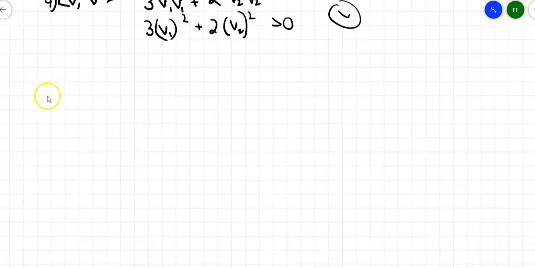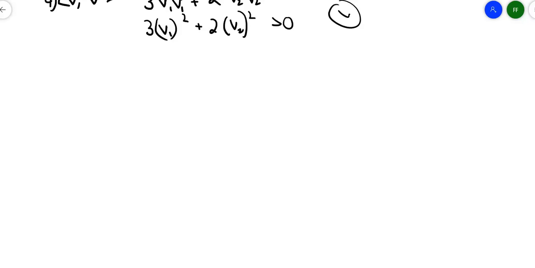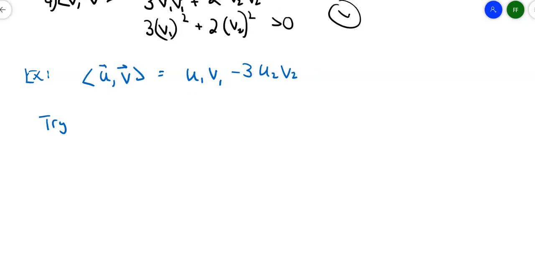All right, what if I had this inner product? Okay, so I'm going to define this inner product of u and v equals u1 v1 minus 3 u2 v2. Well, I chose a vector kind of carefully. Suppose I try this vector as 2, 5. I could run through all the properties, but I think maybe the easiest one is to see if I can take the inner product of the vector with itself and get something that's greater than 0.